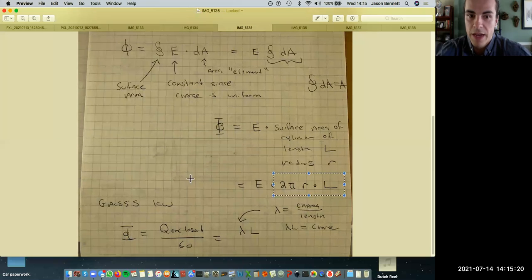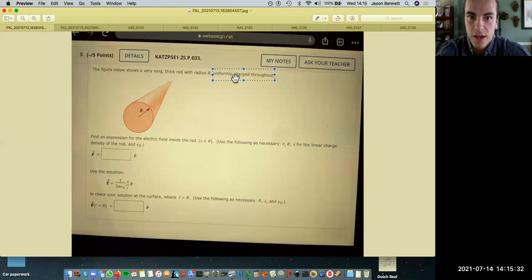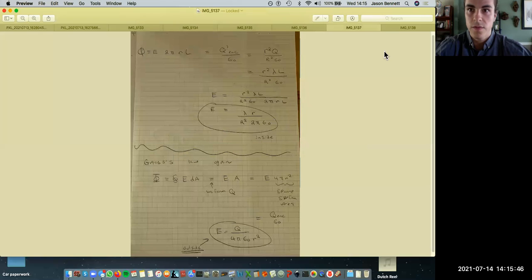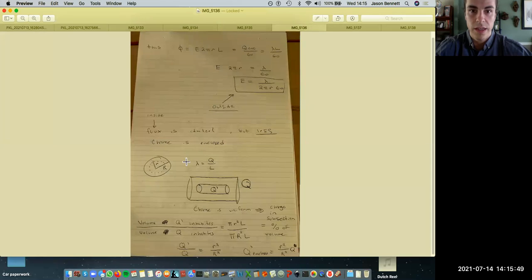Now, once I get back to my Gauss's law, remember that's flux equals Q enclosed over epsilon. I can figure out what Q enclosed is based on the hint right here, that it's uniformly charged. So a linear charge density is this thing. This lambda is the total amount of charge in your rod divided by how long the rod is.